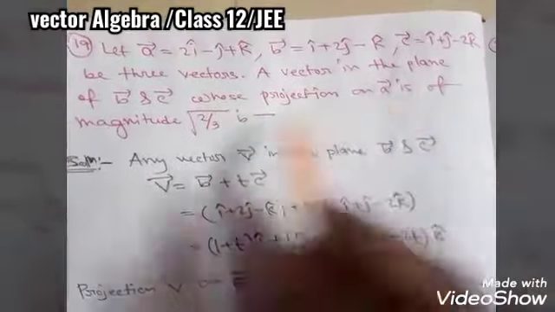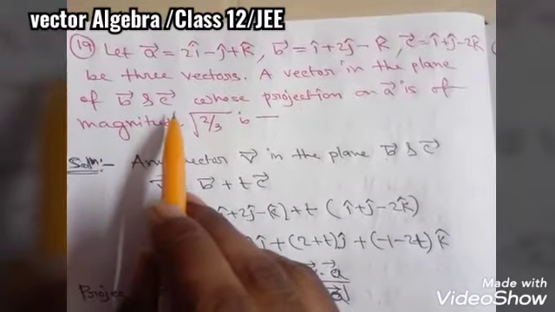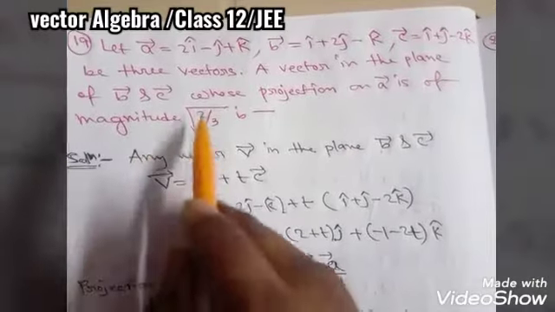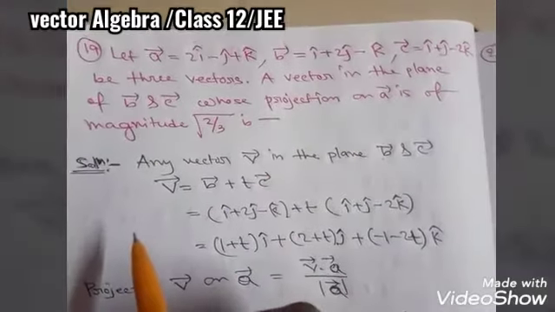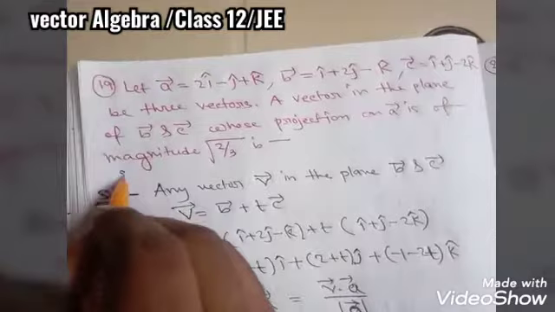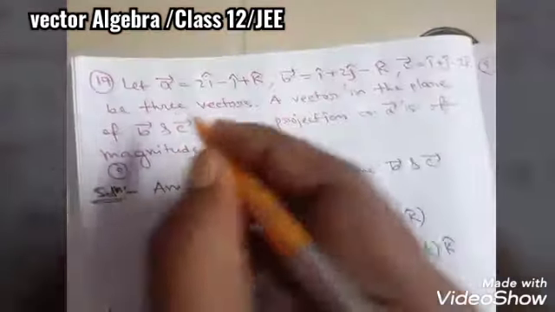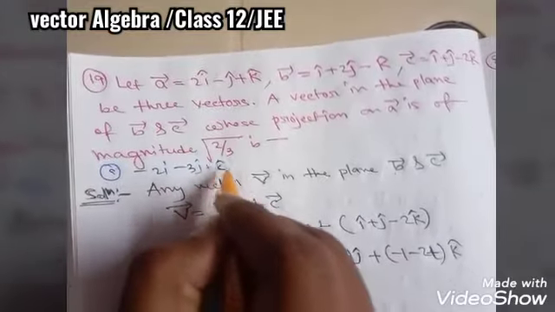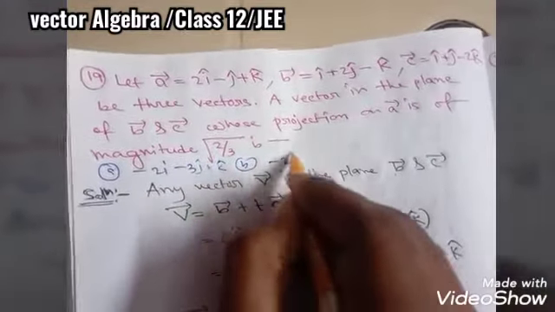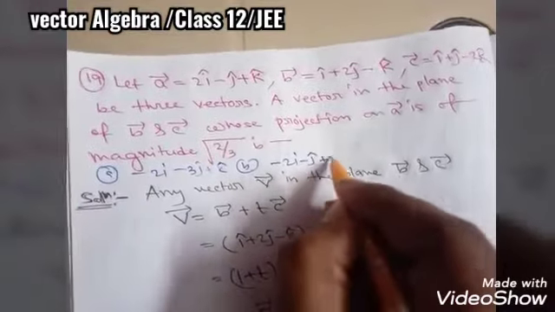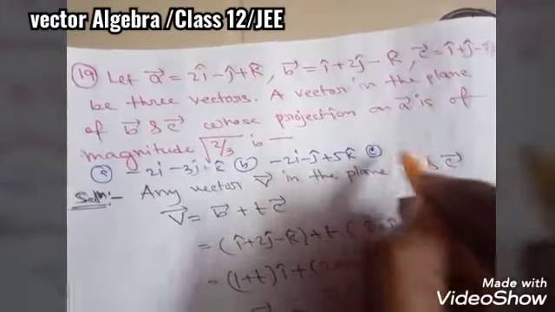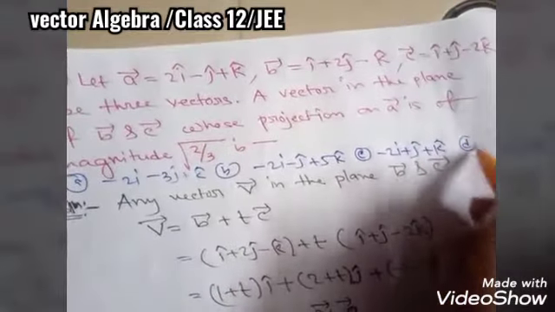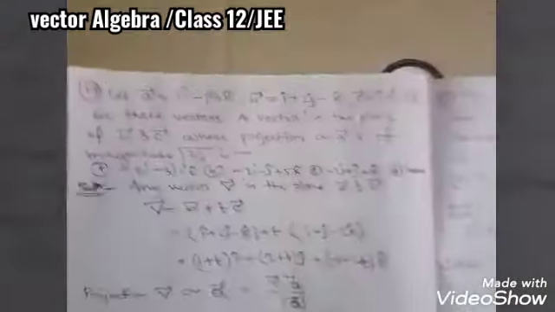A vector in the plane of B vector and C vector whose projection on A vector is of magnitude root over 2 by 3 is: option A, minus 2i minus 3j plus k; option B, minus 2i minus j plus 5k; option C, minus 2i plus j plus k; and D, none.